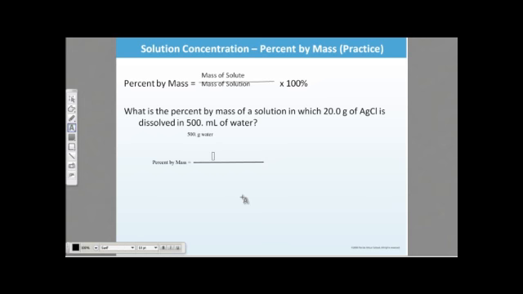Okay, so on top we've got 20 grams of AgCl. Then on the bottom we got 20 grams AgCl plus 500 grams of the water. And then again, we have to multiply it by 100 to make it a percentage.